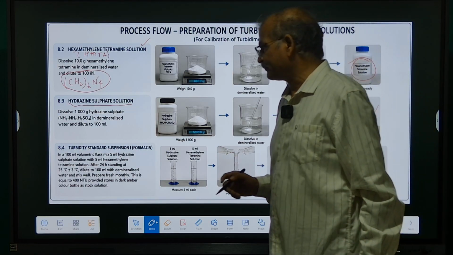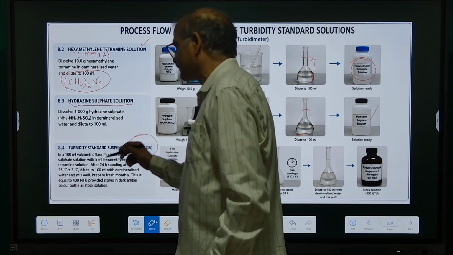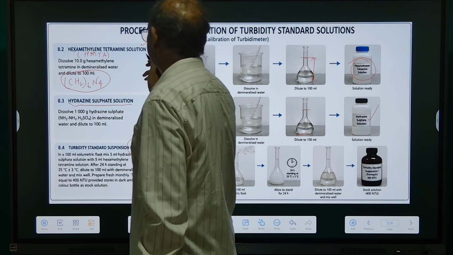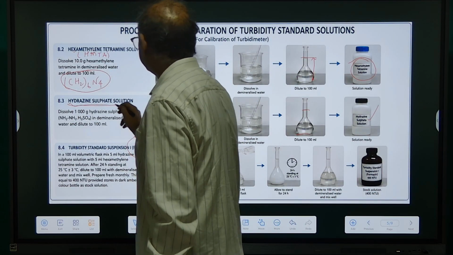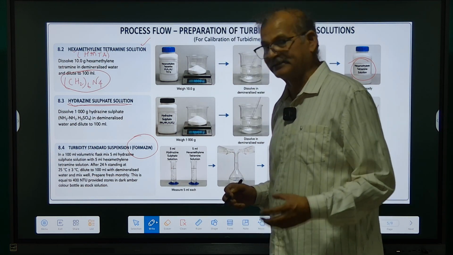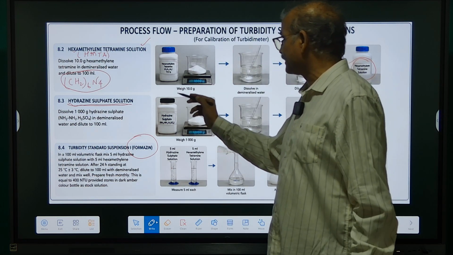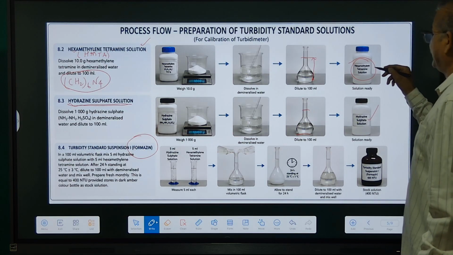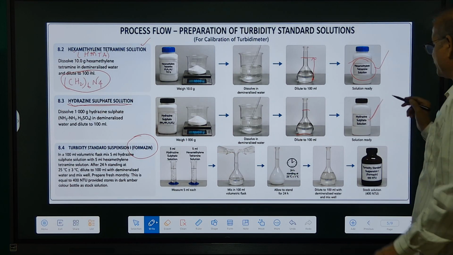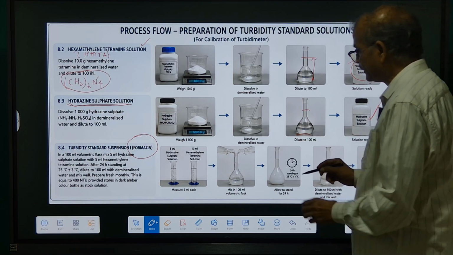To prepare the formazin, which means the combined solution of hexamethylene tetramine and hydrazine sulfate solution, that is the standard solution for calibrating the instrument. We take 5 ml of HMTA, hexamethylene tetramine solution, and 5 ml of hydrazine sulfate solution in a beaker.